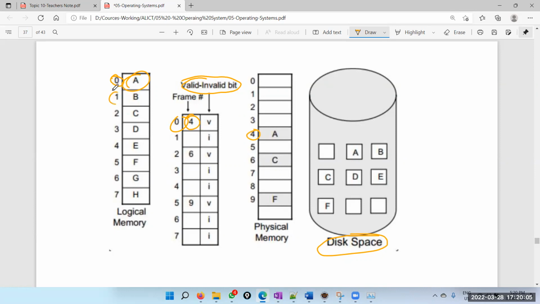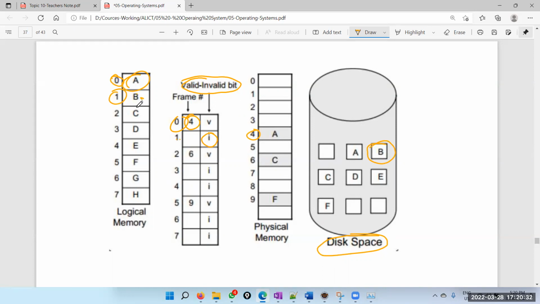But page 1, you can see it is invalid. Invalid means your page 1, which we denote as capital B, is not in the physical memory. That is what it means. If it is not in the physical memory, it must be in the disk storage or the virtual memory. You can see that B is here.